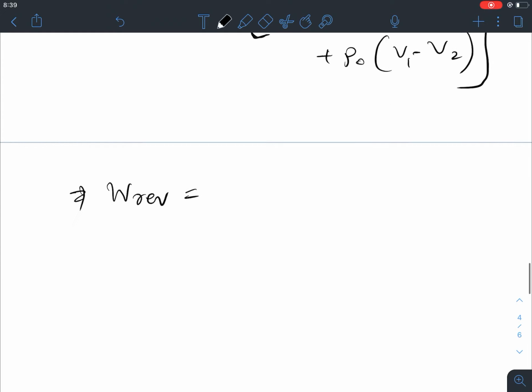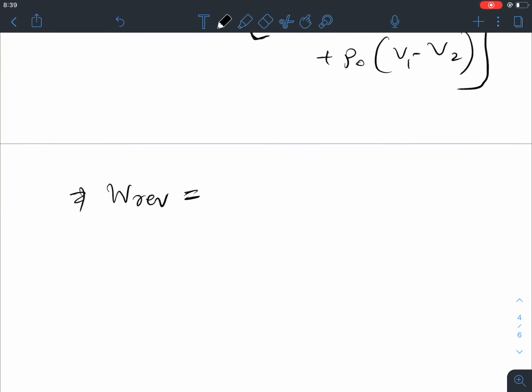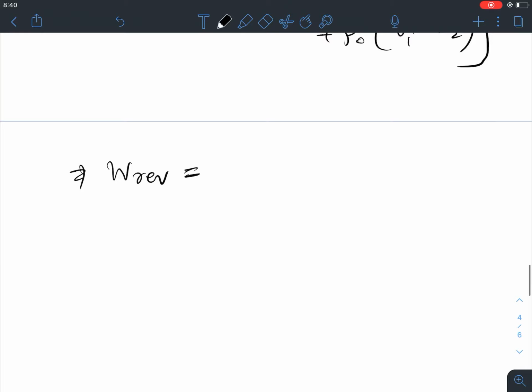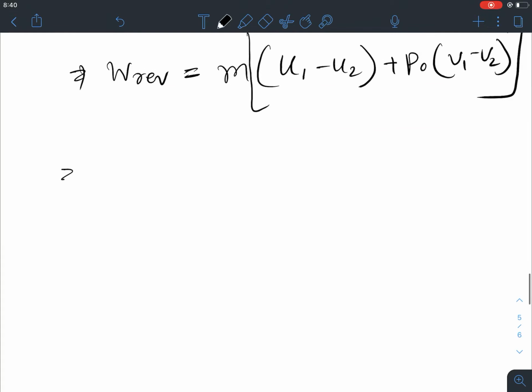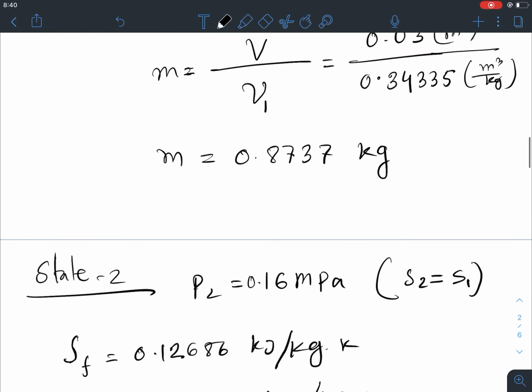Since it's an isentropic process, s1 and s2 are the same, right? So W reversible will become the mass times (u1 minus u2) plus P naught times (v1 minus v2), right?